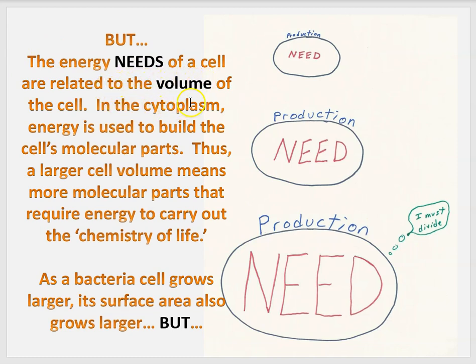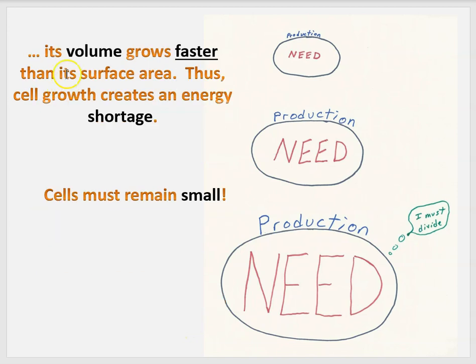In the cytoplasm, that's the fluid where all the chemistry of life is happening, energy is used to build the cell's molecular parts. Thus, a larger cell volume means more molecular parts that require energy to carry out the chemistry of life. As a bacteria cell grows larger, its surface area does grow larger, but its volume grows faster than its surface area. Thus, cell growth creates an energy shortage.